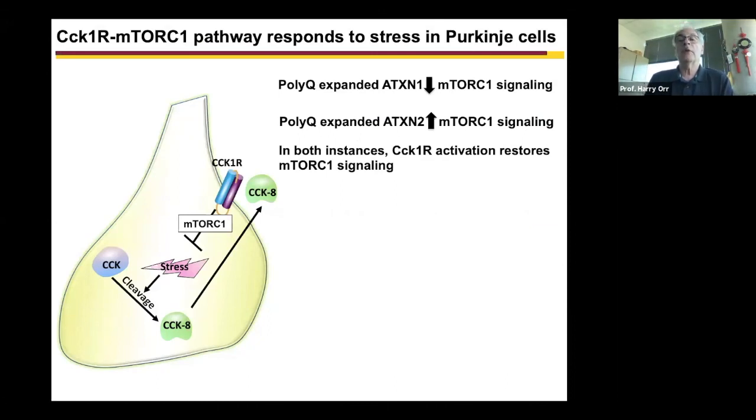And so basically in our ataxin 1 mice, we see a decrease in mTOR signaling. In our ataxin 2 mice, there is an increase in mTOR signaling, but importantly, in both instances, CCK1 receptor activation restores signaling to normal levels.